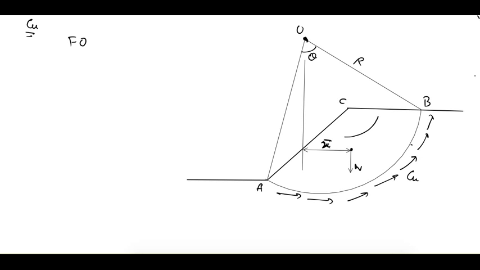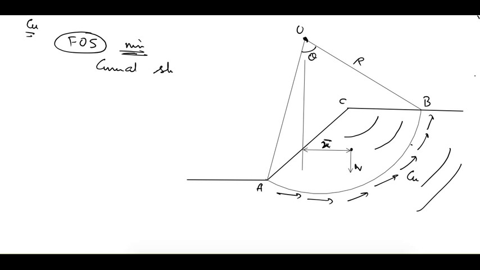There can be many other slip surfaces of the shape of a circular arc. They will have different radius and different center, and we'll find the factor of safety for each. The surface for which the factor of safety is minimum will be our critical surface. If the soil is safe for that critical surface, then we can say in general that our slope is safe.